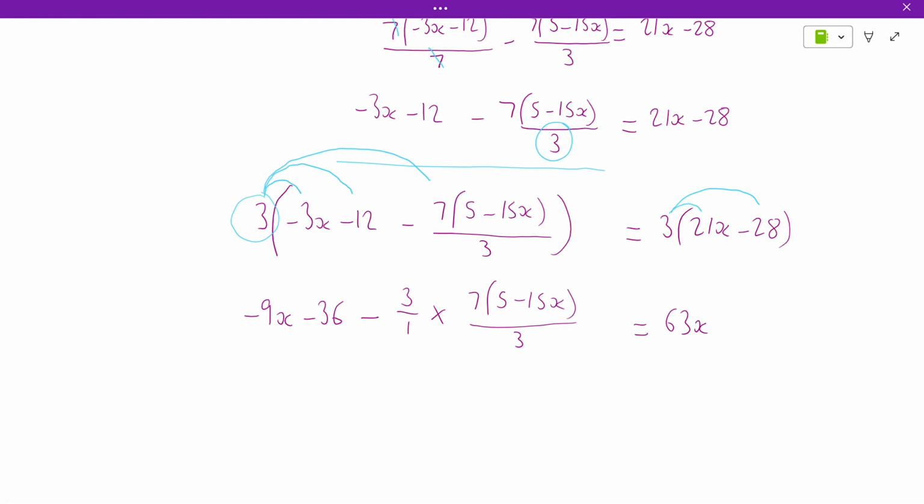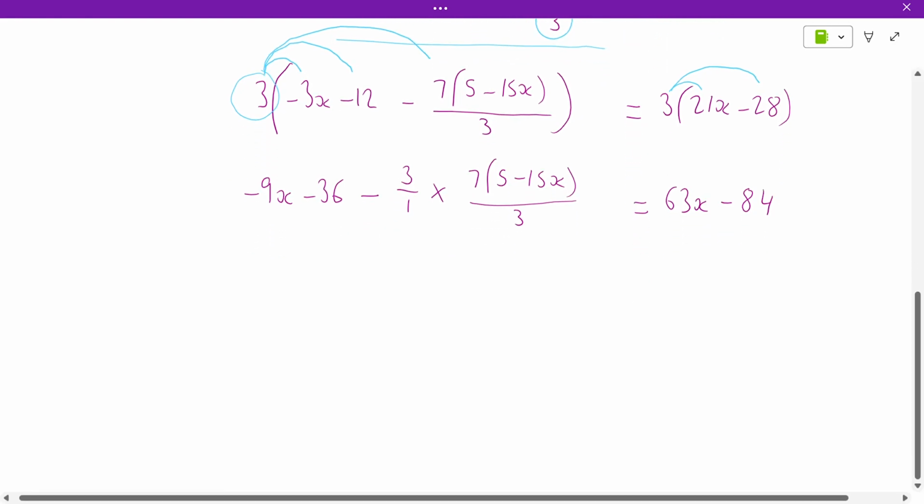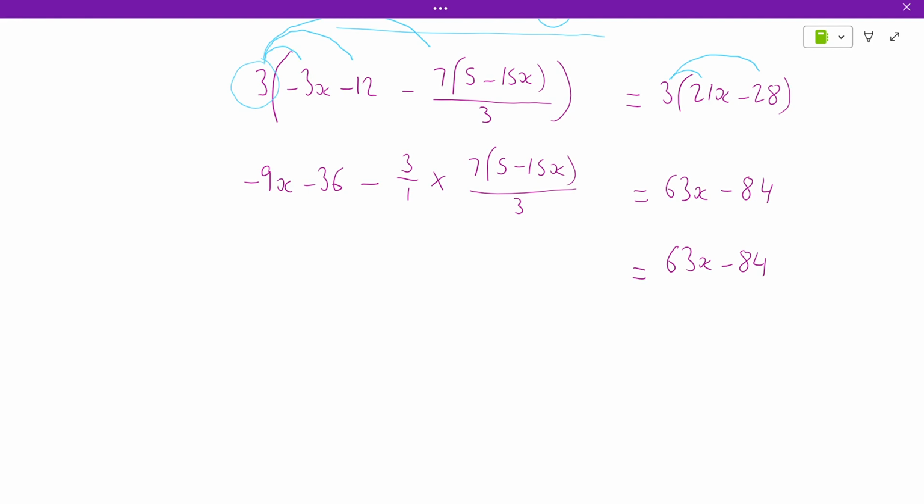And 3 times negative 28 is negative 84. Okay, next line. Right-hand side, let's just keep it as is. So 63x minus 84. Left-hand side, let's focus in on multiplying those two fractions.